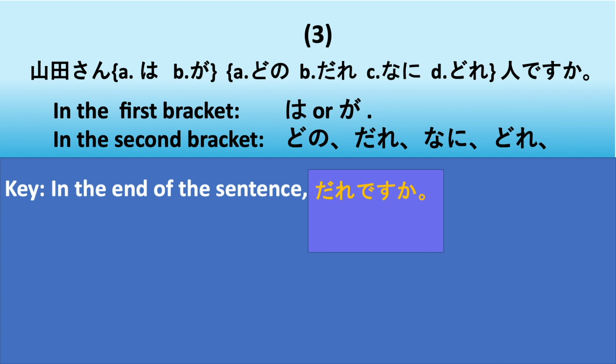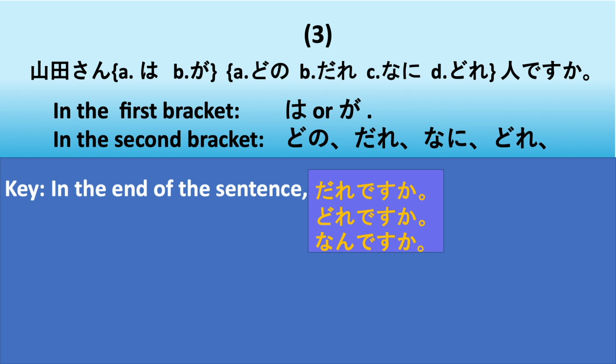誰ですか? There's no noun between 誰 and ですか. You don't need to put a noun. 誰ですか？どれですか？何ですか？ It's okay. So 何 is not used in this sentence.